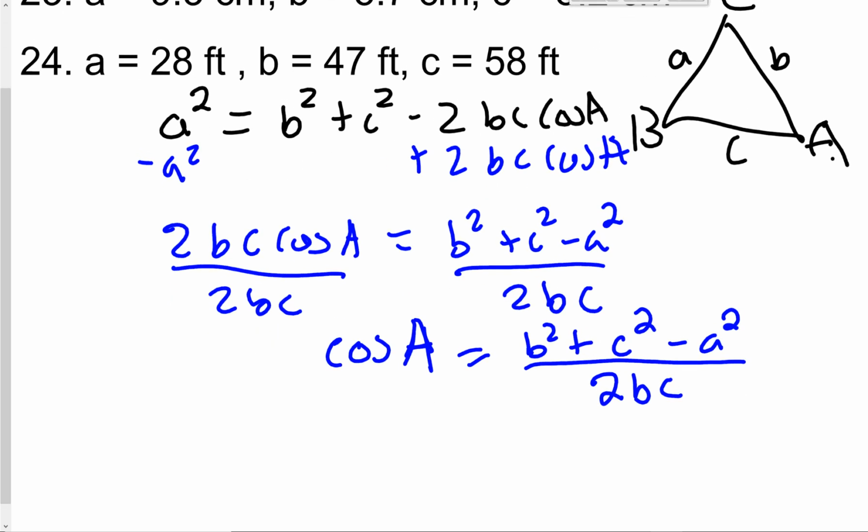Okay, so let's go ahead and type that in. So my B is 47, so I'm going to do 47 squared. And I'm going to start off with a parenthesis. And I can probably just type in 47 squared like that, hit the squared button. Plus C squared, so 58 squared. Then minus 28 squared.